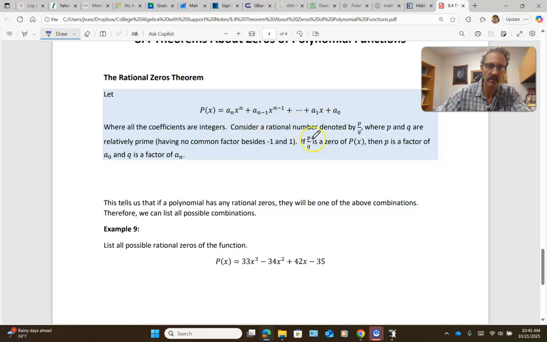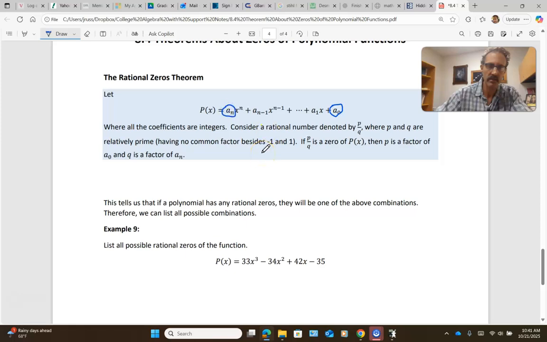Look at the very last sentence right here. If p over q is a zero of this polynomial, then p will be a factor of the constant, and then q will be a factor of a sub n. Well, a sub n is your leading coefficient.